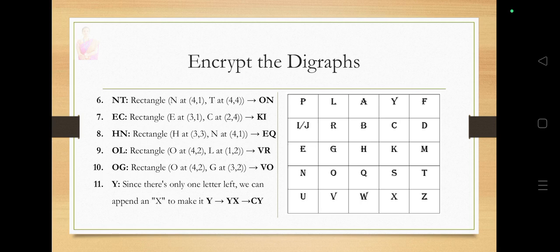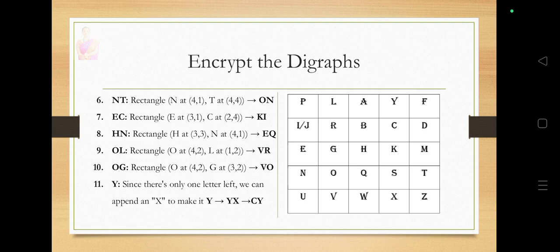You have to take the right side letter of the plain text. So for N and T, the answer is ON. You should wrap the text, and this will work like round robin.